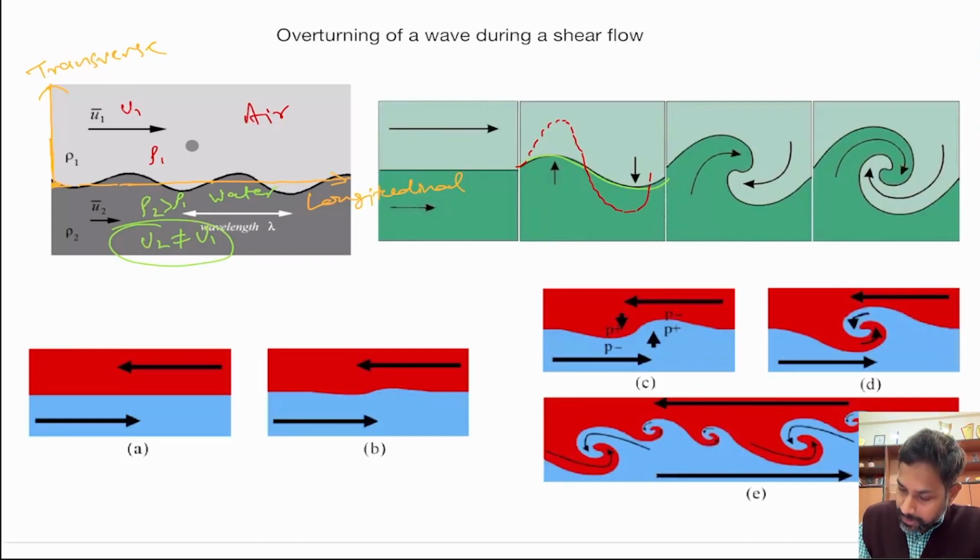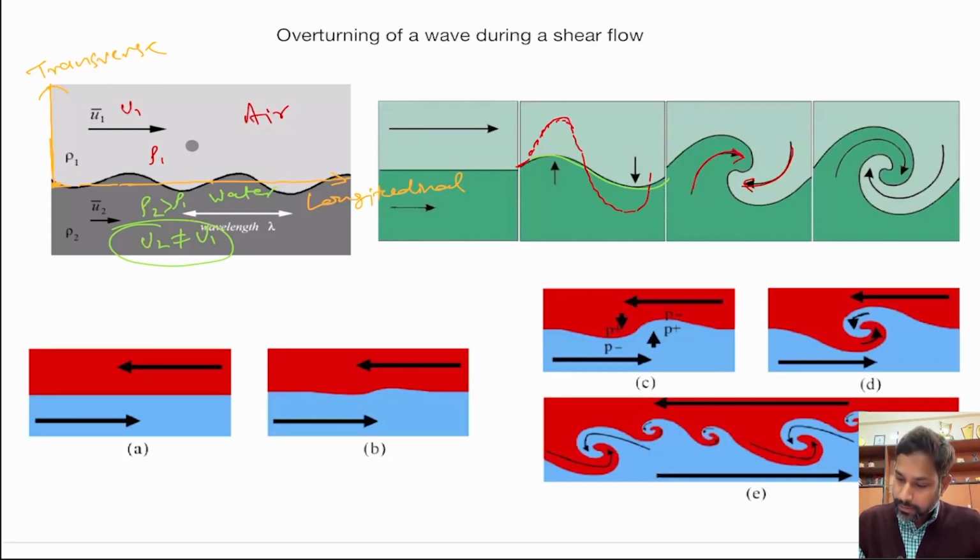Whenever this amplitude becomes much larger, it becomes so unstable that it actually tries to overturn. Basically it tries to flow in the horizontal direction rather than simply coming down. So it gets both the longitudinal velocity and transverse velocity. Likewise, the trough of the wave also moves in the other direction.